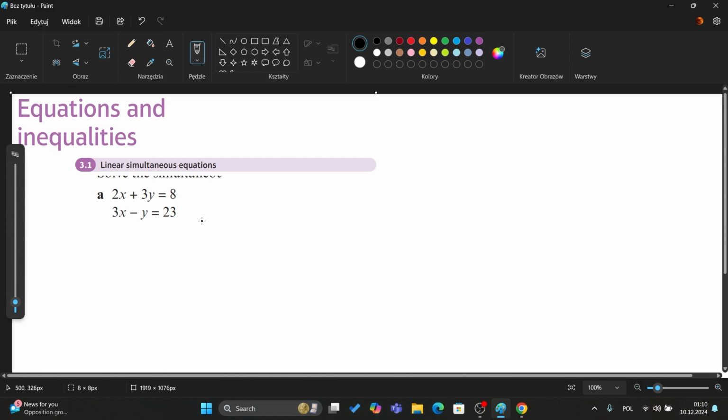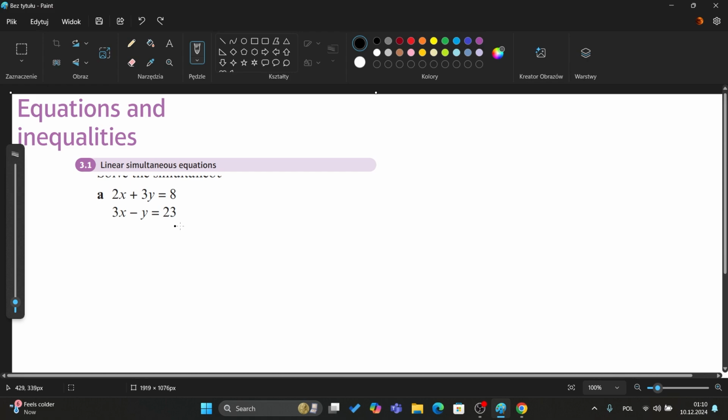Now here we have two techniques that we could use. We could use an elimination technique, which is multiplying the whole equation by a certain number to eliminate the y's or the x's, so that we could work only with the y part or with the x part.